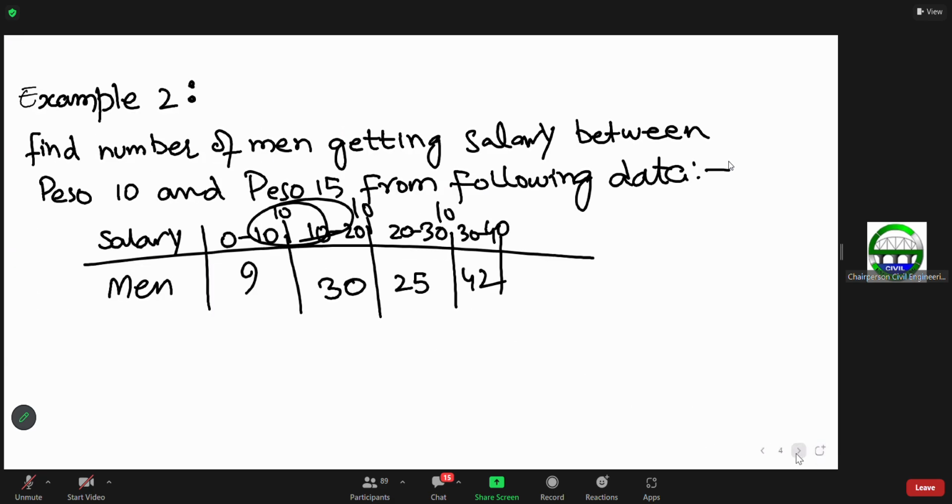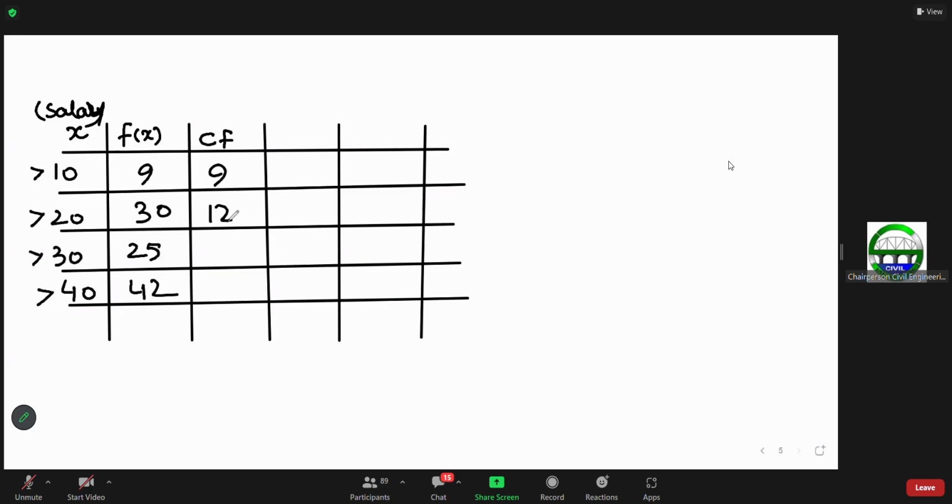This one will be 37, and then 37 plus 25 is 62... Let me correct again: 39 plus 25 is equal to 64.